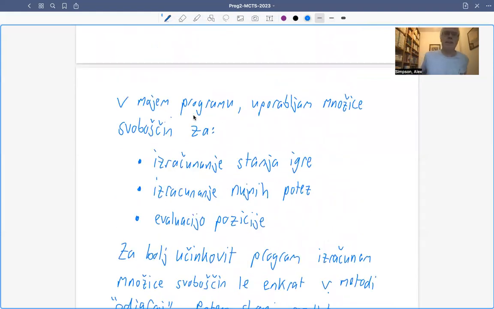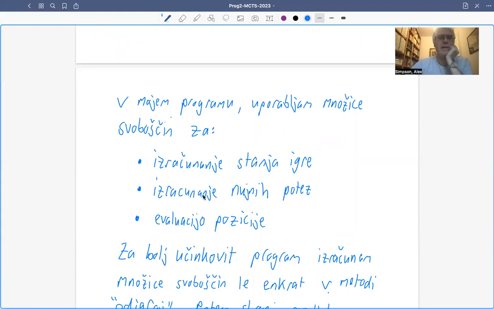So in my program, it's important to efficiently calculate these sets of liberties, because I use the sets of liberties for three different things. I use them to compute the status of the game, whether the game has been finished, and if so, who has won and who has lost.